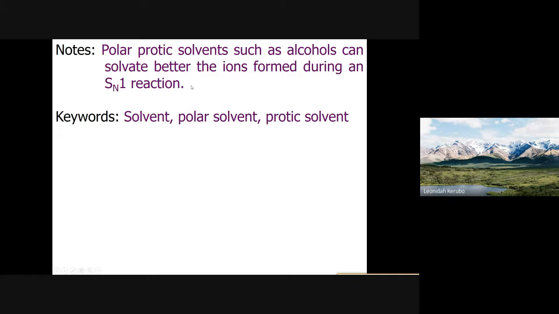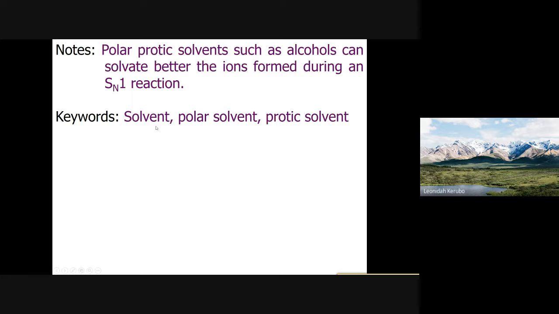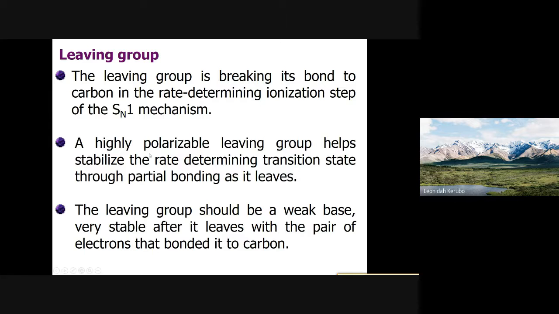Unlike in SN2 reactions, where we saw protic solvents are not the most convenient because they drag the nucleophile, which is negatively charged, by forming hydrogen bonds with it. But here, when they form hydrogen bonds with the leaving group, they stabilize that leaving group. So the key words here are polar solvent and protic solvent. Those are the most convenient solvents for SN1 reactions.